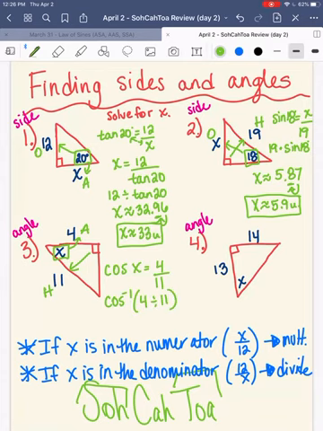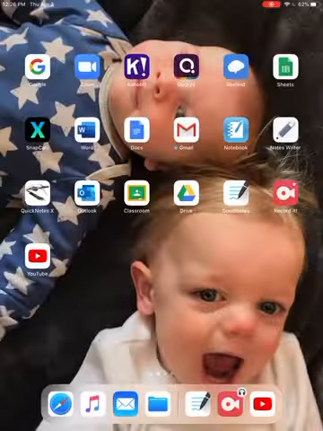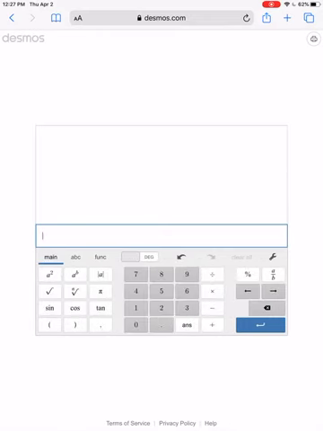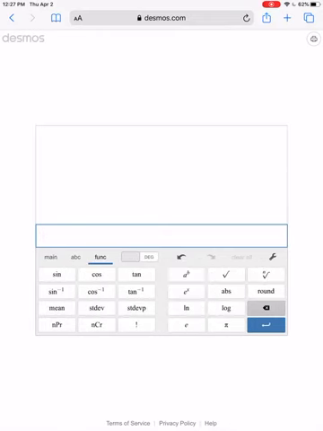And this is what we're going to type in. Okay? So we're going to do second cosine, if you have your own calculator, 4 divided by 11. All right, and I'm going to do it in the Desmos calculator. I'm going to clear all. Okay, so to get the second cosine, change from main over here on the left to function, and then it should come up.